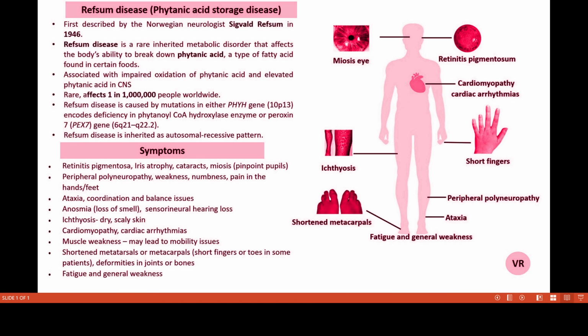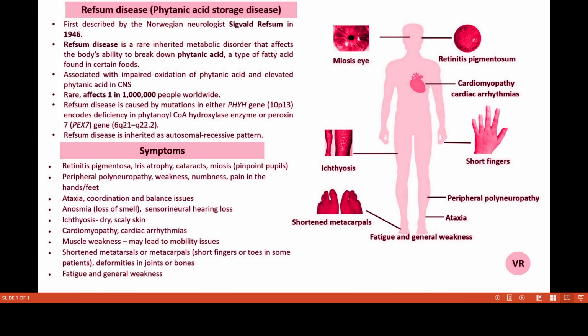Refsum disease is very rare, with an estimated prevalence of about 1 in 1 lakh people worldwide. Symptoms typically appear in late childhood or early adulthood, and they can vary widely.